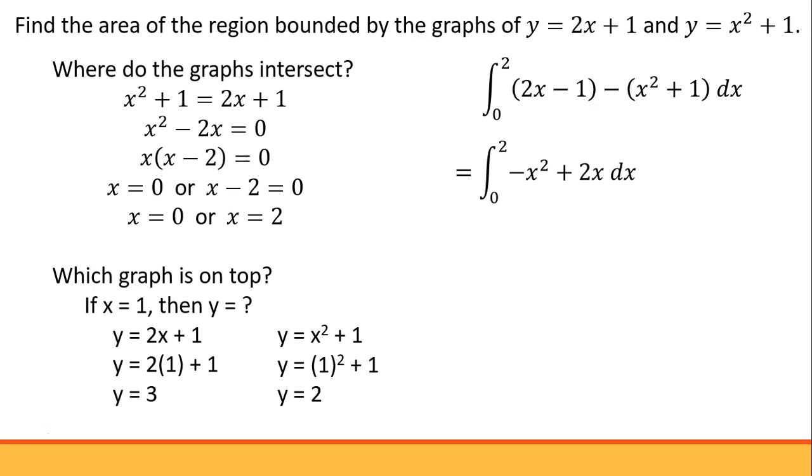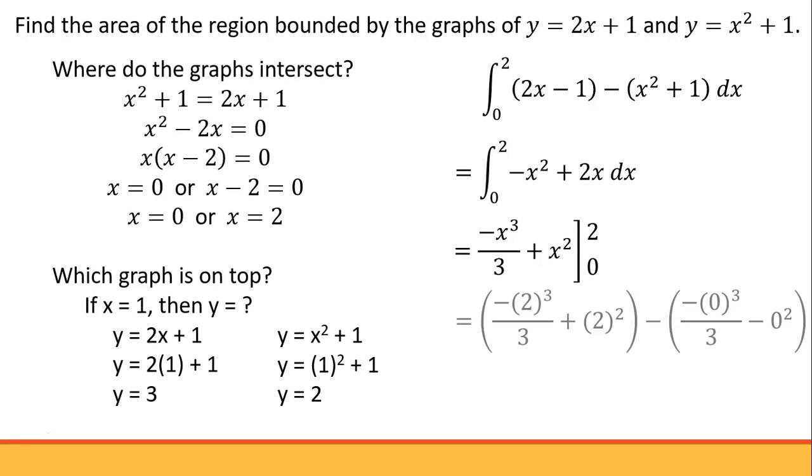Now we'll do a little bit of algebra before we integrate, so we'll simplify and combine like terms. Then we'll find the antiderivative. We'll integrate from 0 to 2, and we get a value of 4/3. So there's 4/3 square units that are bounded by these two graphs.